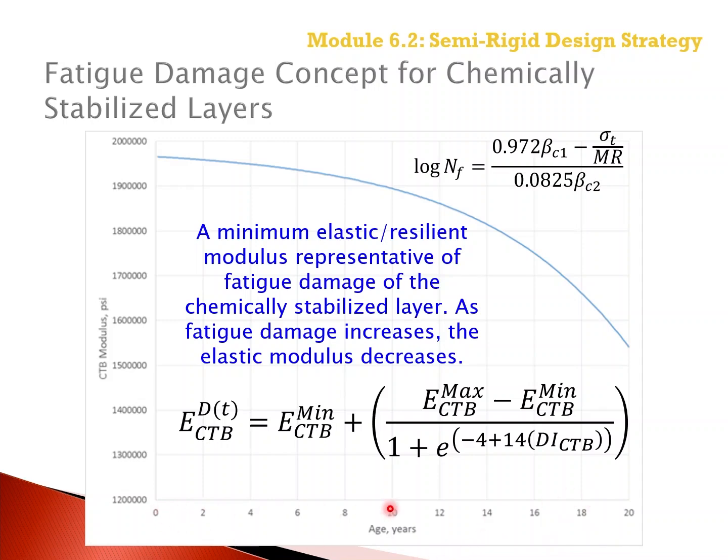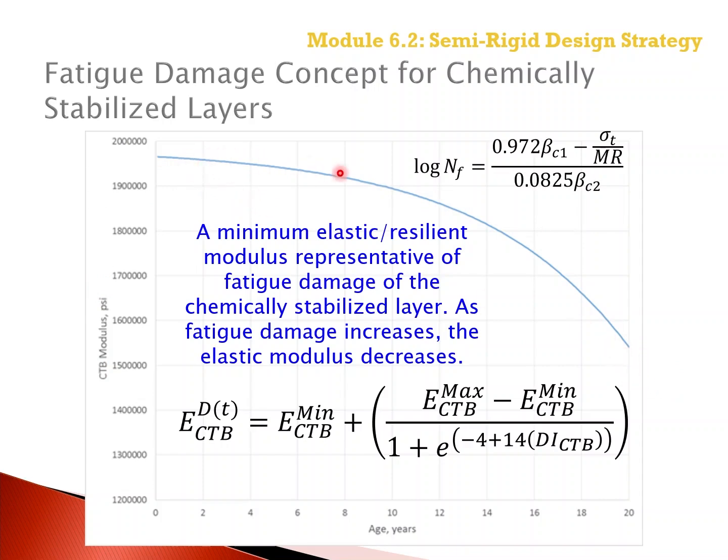So the graph shows age or time on the horizontal axis versus the calculated modulus, based on fatigue damage, the damage index of the chemically stabilized layer, and how that modulus decreases with time or with increasing actual number of load applications.